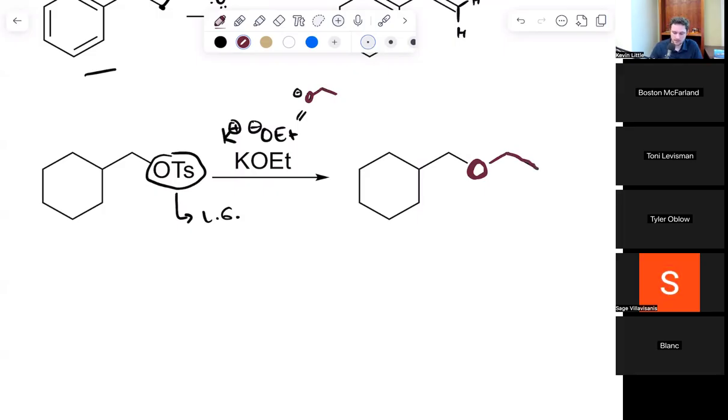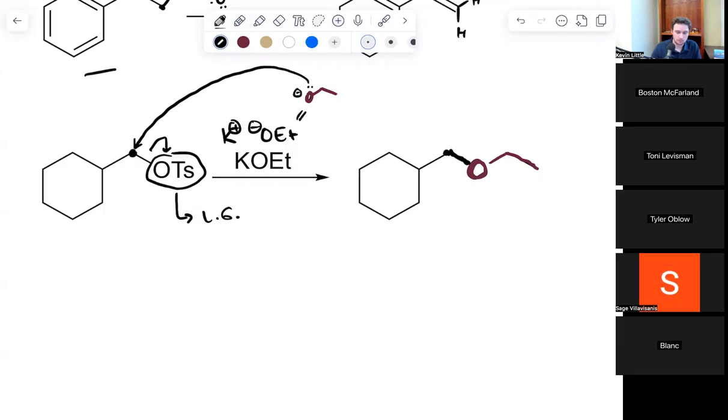So somehow I have to get the negatively charged oxygen onto this carbon, right? That's the new bond I've got to justify. So this is a leaving group. It's going to leave. It's going to be kicked off. And what does the kicking is that negatively charged oxygen. That negatively charged oxygen is the one adding to this carbon.